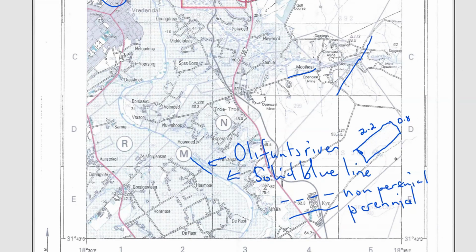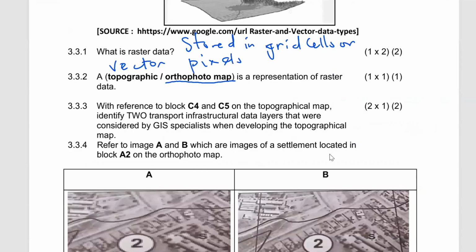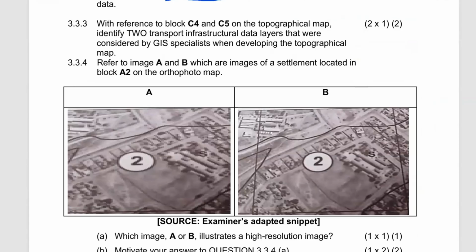So we have railways, and we also have roads. So those are the two data layers in those blocks. We have railways and we have the roads. In those two blocks, those were the infrastructural data layers.